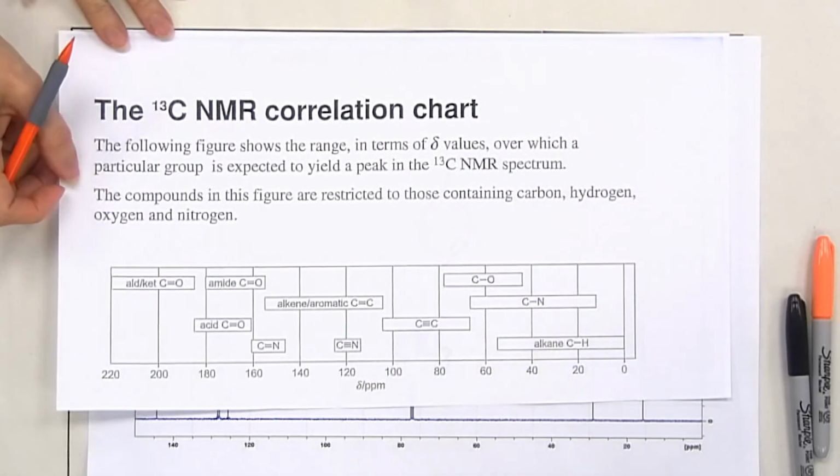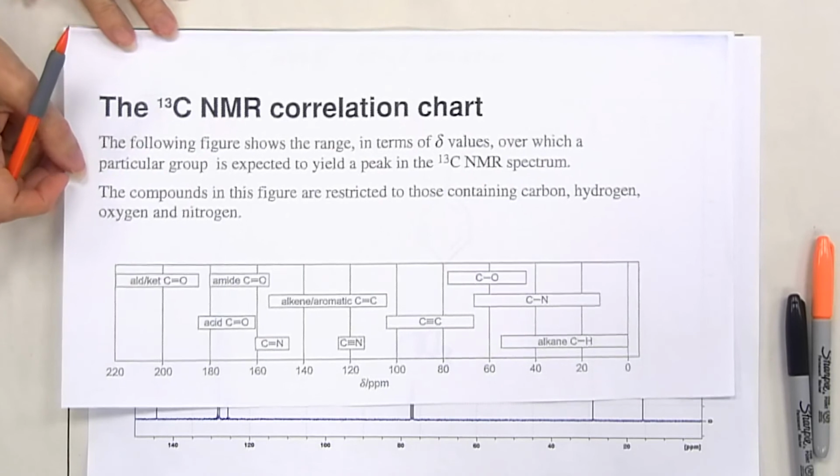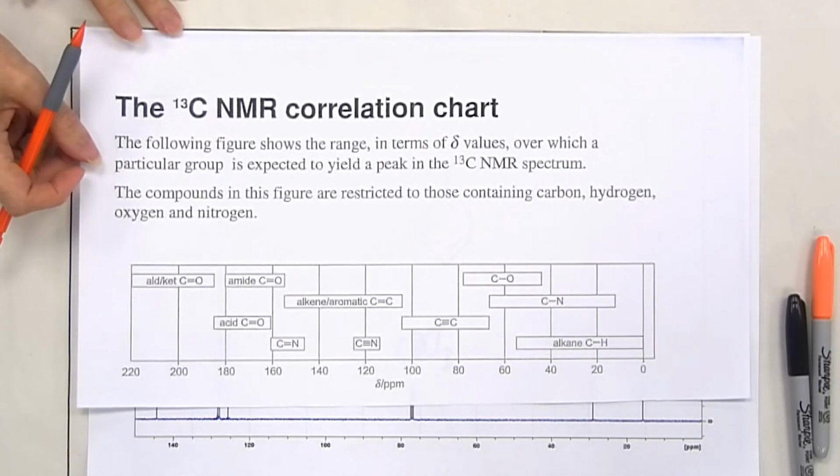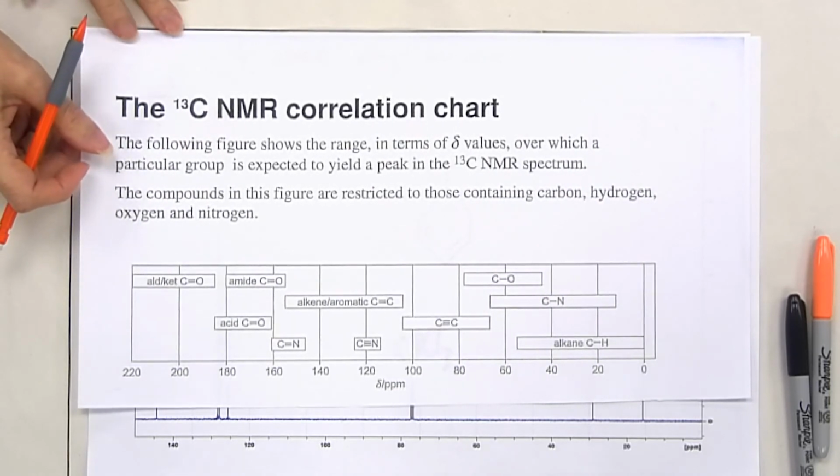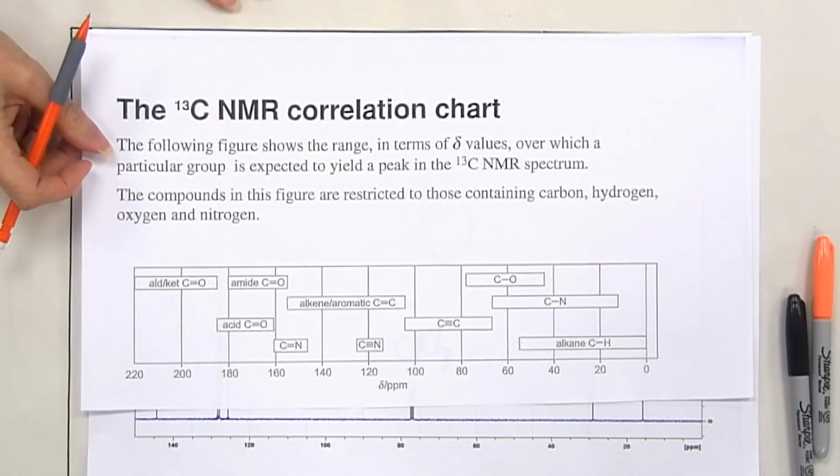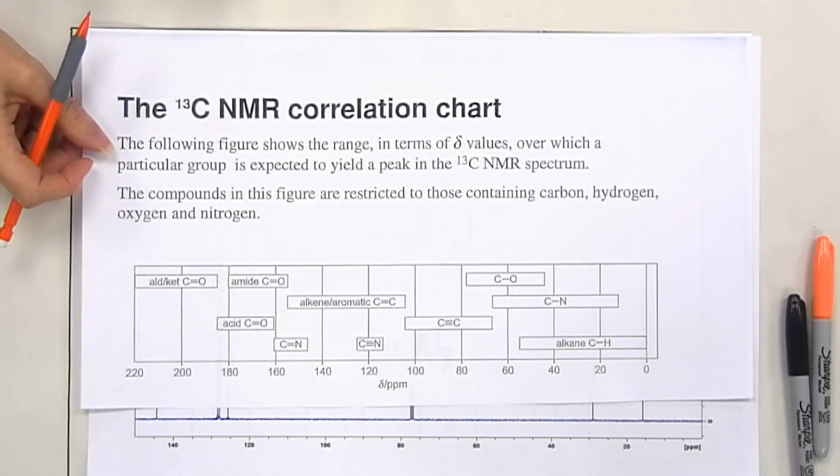Right, so as you say, we're going to look now at the correlation chart. This is the carbon-13 NMR correlation chart that you may be familiar with from level 2. It is provided on the module website under the assessment resources because you will need it for TEMA 03.